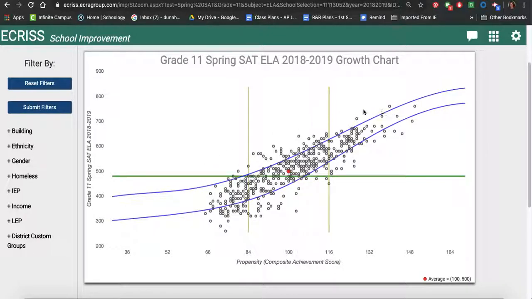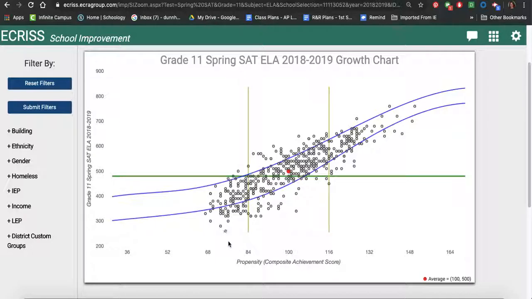These dots up here indicate students who were far above their projected growth. So something happened there. These students down here are all below their projected growth. Whether their scores are high, as in this dot way up here, they're still below what they were projected to score.